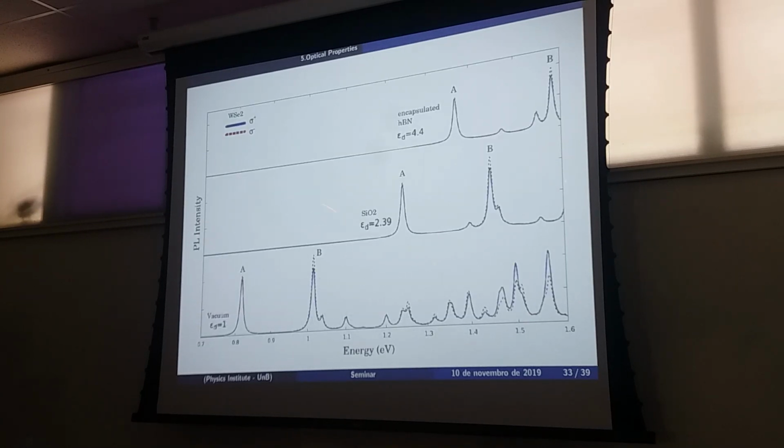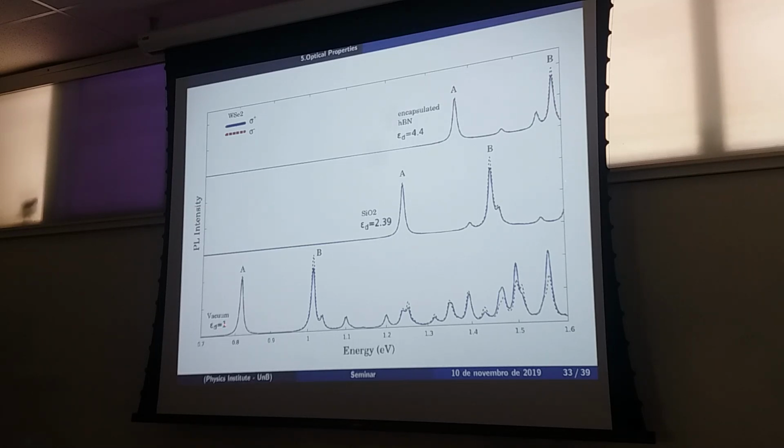So here I'd like to show the absorption spectrum now. And here I'm changing the substrate. First I have vacuum around my material. Then I put silicon oxide only above the material, and here I can put above and below, and here above and below, hexagonal boron nitride.